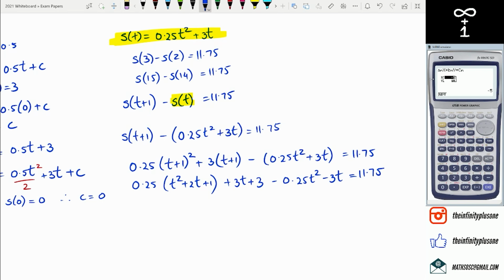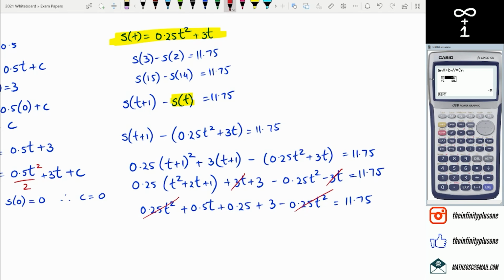So expand the quadratic brackets, we're going to get 0.25 t squared, 0.25 times 2 is 0.5, so 0.5t plus 0.25, plus, now 3t and 3t disappear. It's quite nice, don't have to worry about it. And what I've got left over is just 3 minus 0.25 t squared equals 11.75. And what you'll also notice is 0.25 and negative 0.25 t squared disappear.